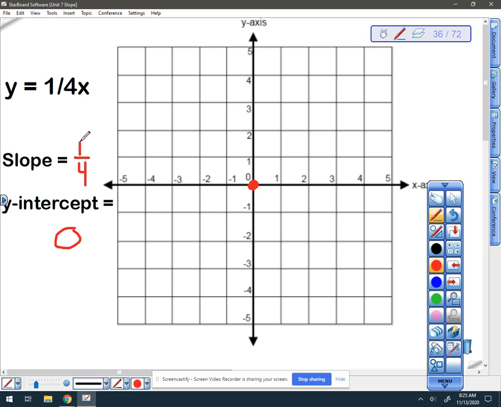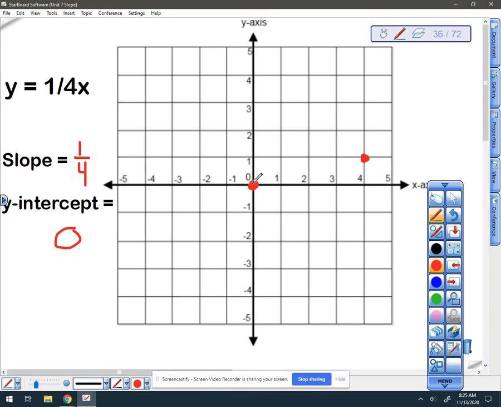How's it move? Slope is 1 over 4. So up 1 over 4. And then here's another trick. If you wanted to make sure your line lined up perfectly, it goes up 1, right 4, so you can do the opposite to get a point on the other side. I can go up 1 over 4, but I could also go backwards.